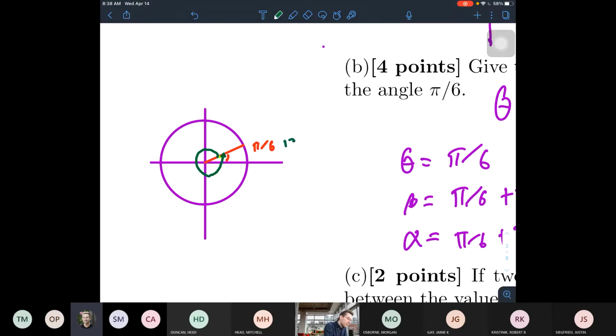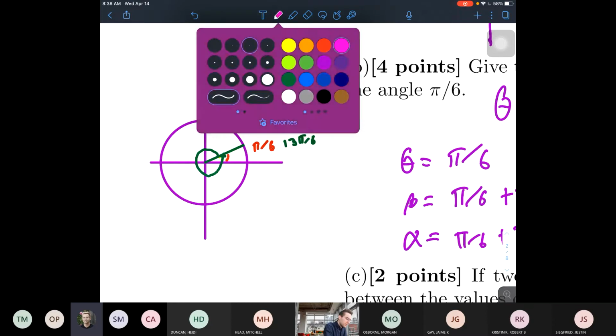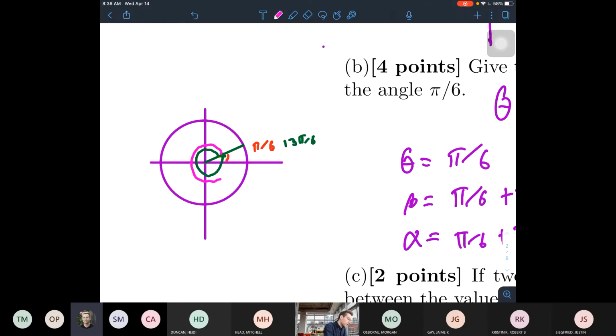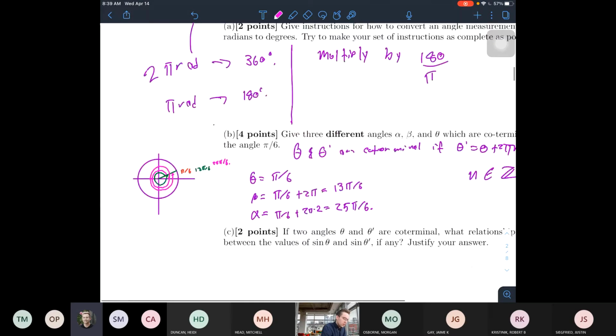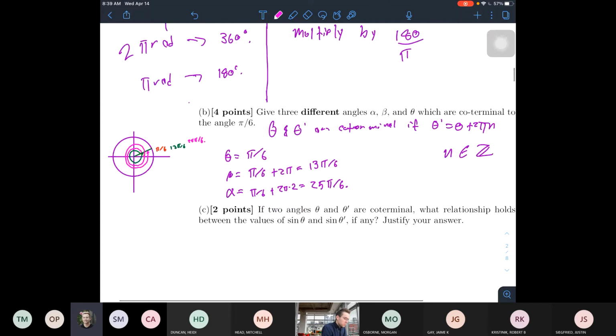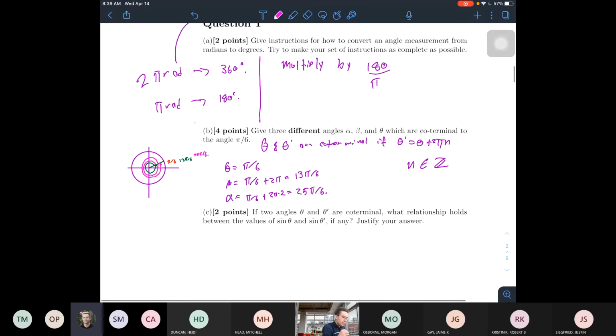So that's 13 pi over 6. And it ends up facing in the same direction, right? And we can also have one that goes around twice and then ends up in the same spot, and that would be 25 pi over 6. So that's how we would find 3 different angles, alpha, beta, and theta, which are coterminal to the angle pi over 6.